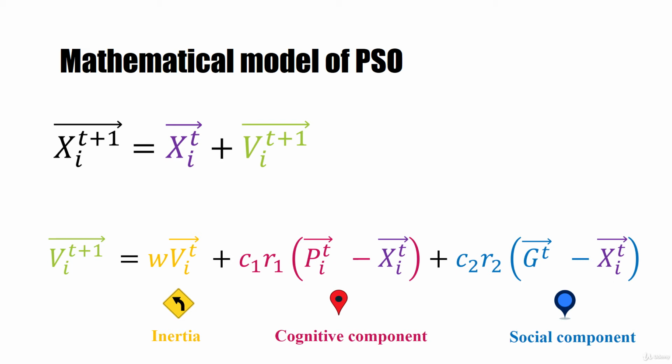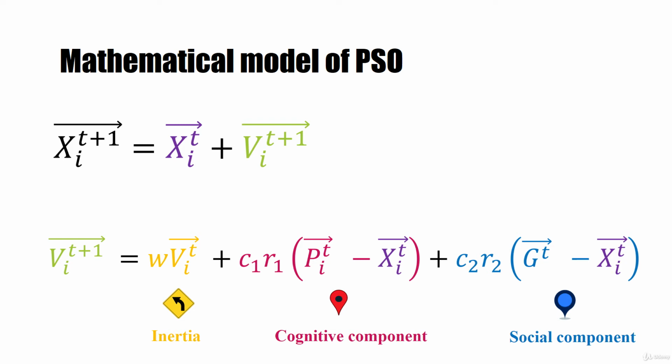The second component is called cognitive component, or some people call it individual component. This is because each particle considers the distance between its personal best and the current location. So that is why it is called the individual component.